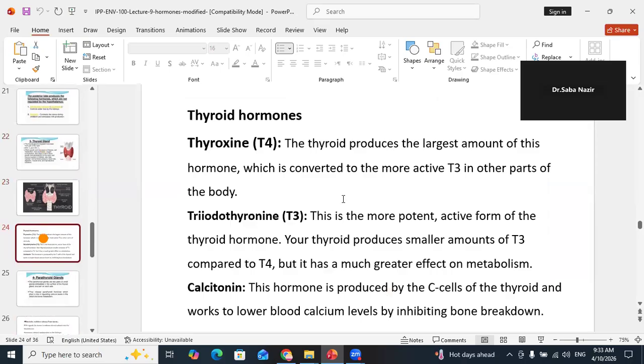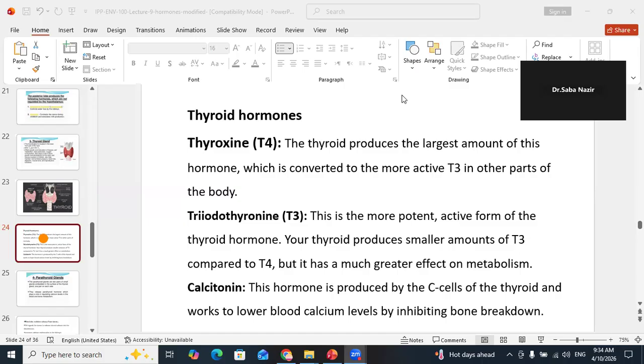Okay. Now, separately, how the functions can be discussed. T4 is basically thyroxine. Like we just discussed, thyroid hormone contains T3 and T4. So T4 is thyroxine and T3 is triiodothyronine. You should know their full forms.